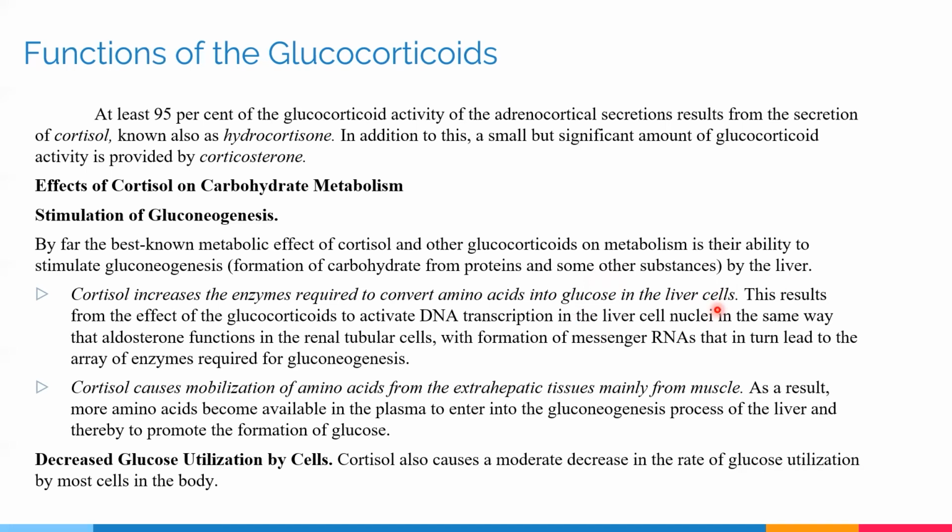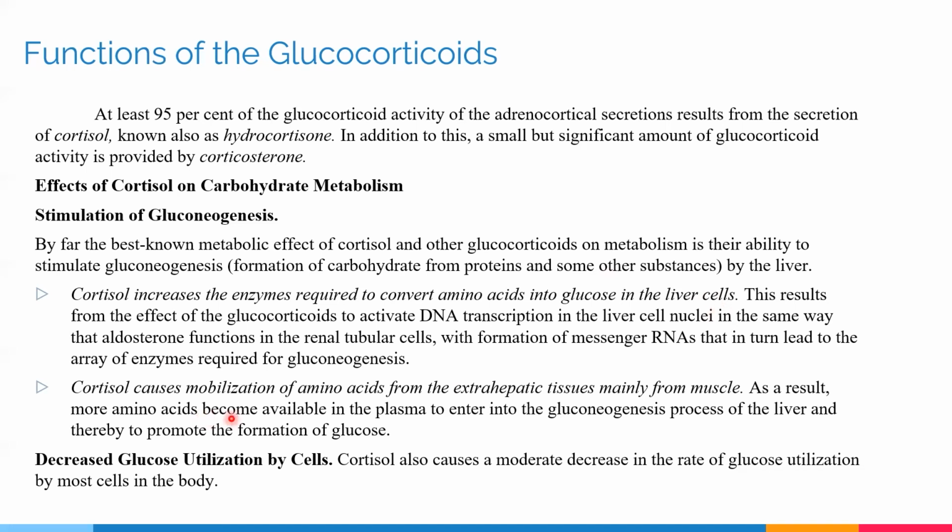This results from the glucocorticoids activating DNA transcription in the liver cell nuclei in the same way aldosterone functions in renal tubular cells, with formation of messenger RNAs that in turn lead to an array of enzymes required for gluconeogenesis.